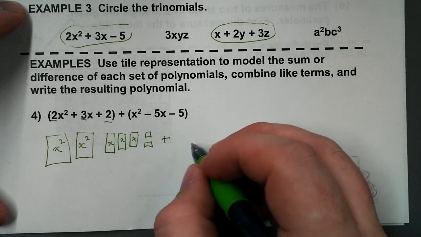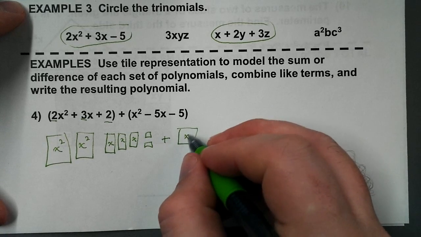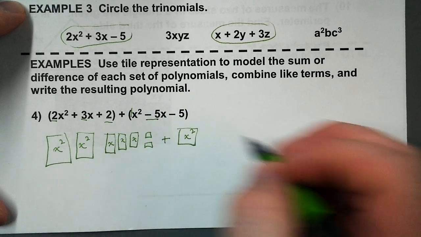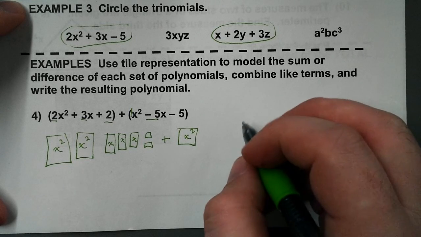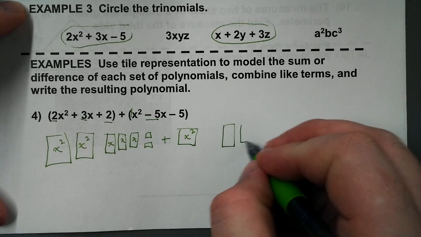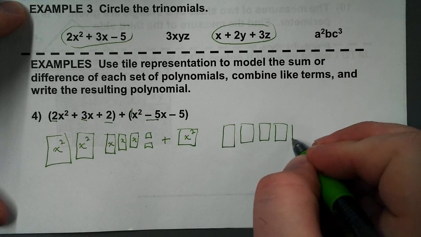So we have an x squared, so let's draw in another big box for x squared. We just have one of them, right? We have -5 of x's. So this is going to be 1, 2, 3, 4, and 5.